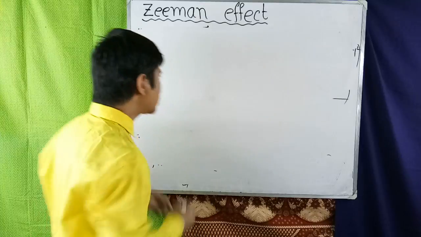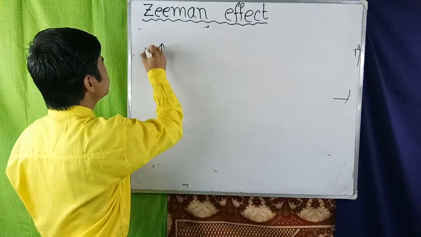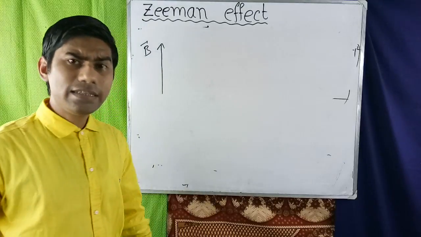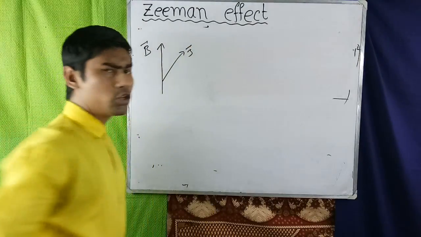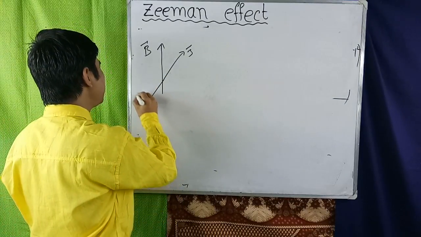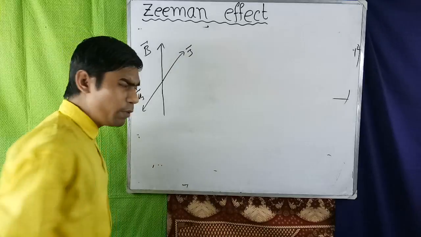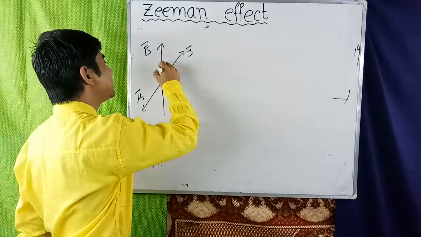Now suppose a magnetic field acts in this direction. So this is B vector, and suppose J vector is in this direction. So mu J will be in this direction. So this is mu J vector. And suppose the angle between J vector and B vector is theta.